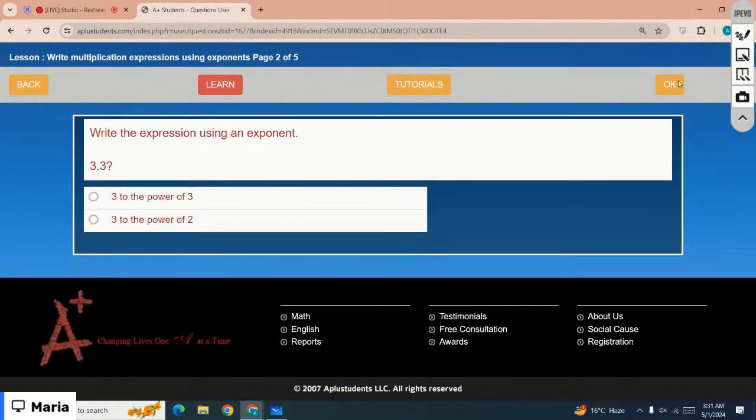Write the expression using an exponent. So, which is the correct option? The correct option is 3 to the power of 2. The second one is the correct option.